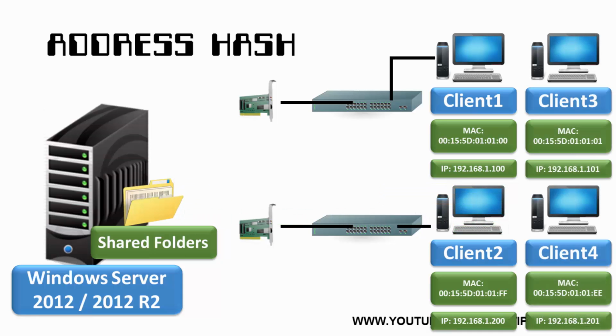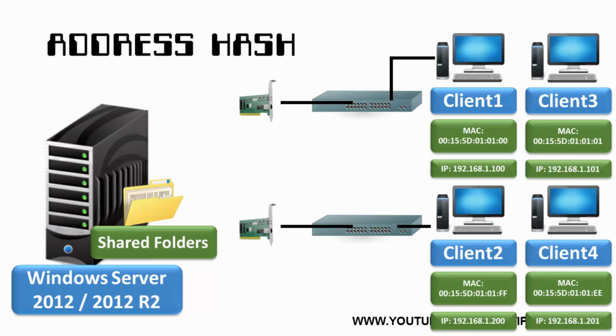As more clients come along, these will also be assigned their own hash values and will be allocated an adapter. In short, address hash ensures that all TCP streams for a particular computer always use the same network adapter, but will split the streams up as much as possible over different adapters.